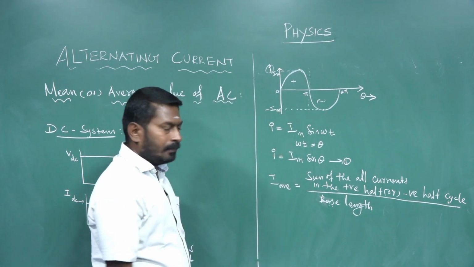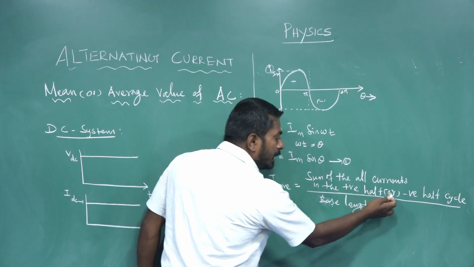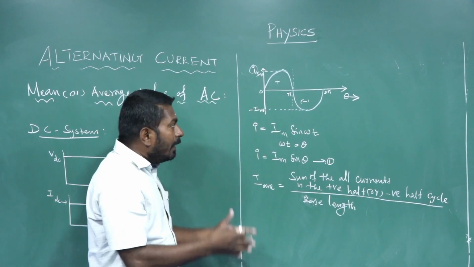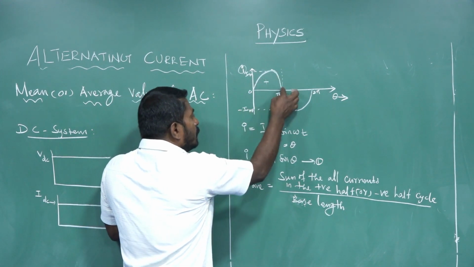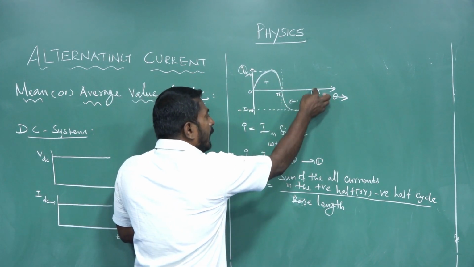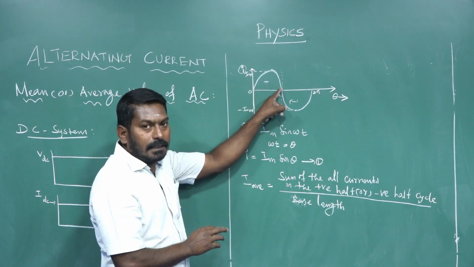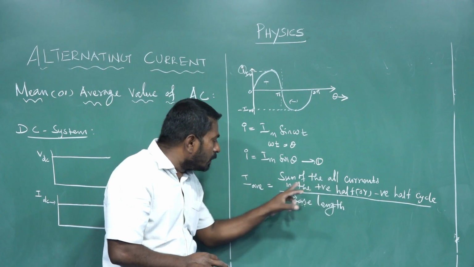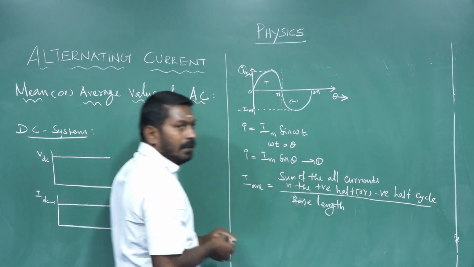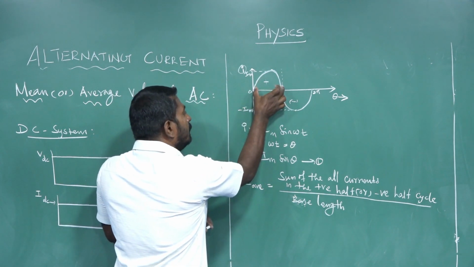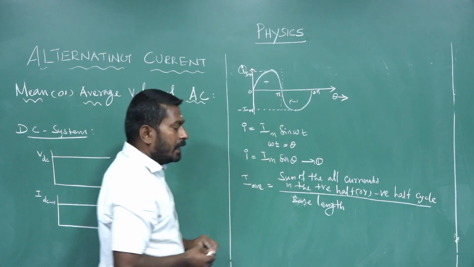Here, the sum of the alternating current in the positive or negative half cycle can be given by the area of the positive half cycle or the area of the negative half cycle. We cannot simply sum all the currents in the positive half cycle, so the sum is given by taking the area of the positive half cycle or area of the negative half cycle.